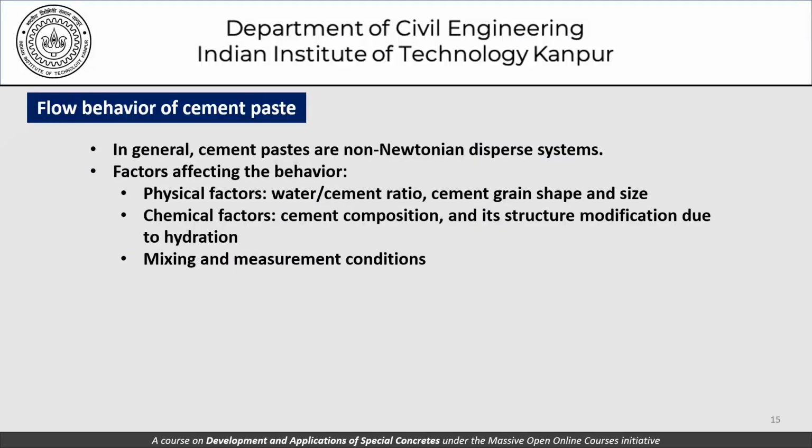Now coming to the behavior of cement paste. In general, cement paste behaves as a non-Newtonian dispersed system, and factors affecting the behavior could be physical, chemical, or other things. Physical factors would be something like the water-cement ratio, the cement grain shape and size. Well, the water-cement ratio really governs the volume of water to the volume of powder.